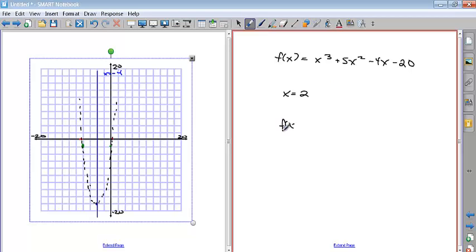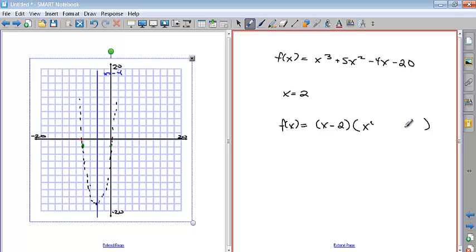So what we have in this case is this is the zero, but the factor would be x minus 2 to go with that zero. And then you're going to have some quadratic expression. To get this quadratic expression, we can use synthetic or long division to solve for what this divided by that factor is.